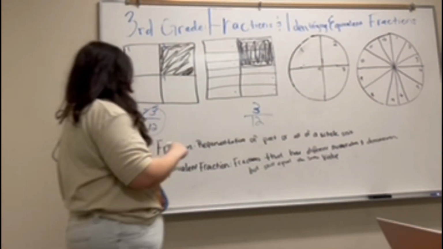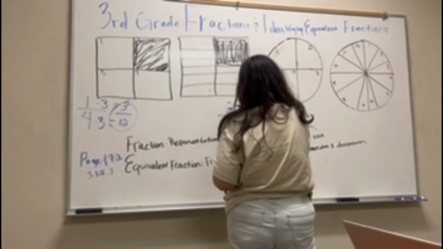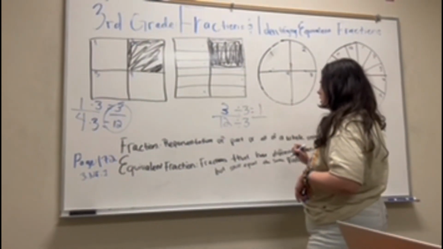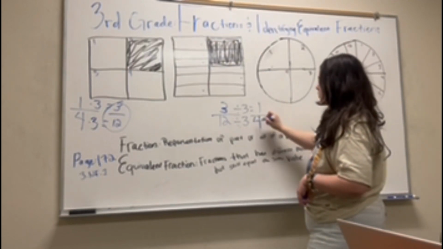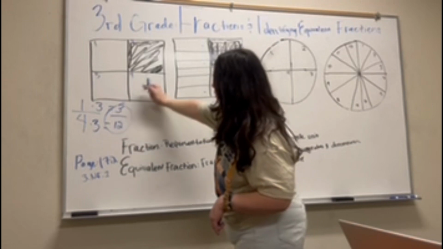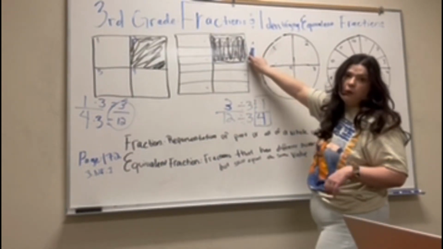And over here, we can do the same thing with division. So 3 divided by 3 equals 1, and 12 divided by 3 equals 4. So we know that this is 3/12, and this is also 1/4.